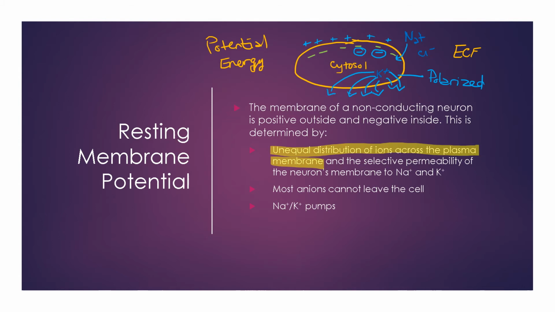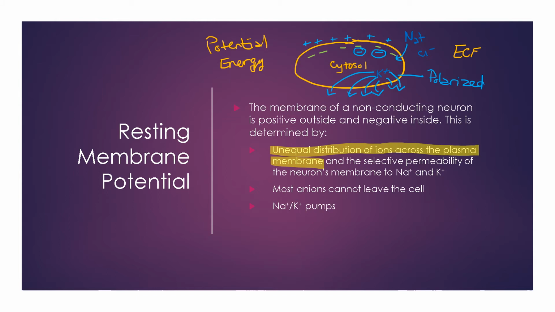Potassium is just always leaving because there are so many leak channels. They're just leaking out of the cell essentially. And so the inside of the membrane in the cytosol becomes increasingly more negative, and the outside becomes increasingly more positive. So that's our first major factor that helps with this resting membrane potential.